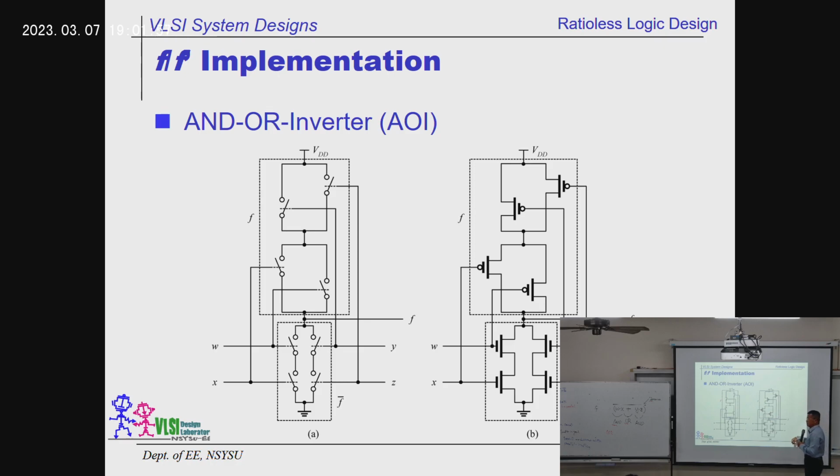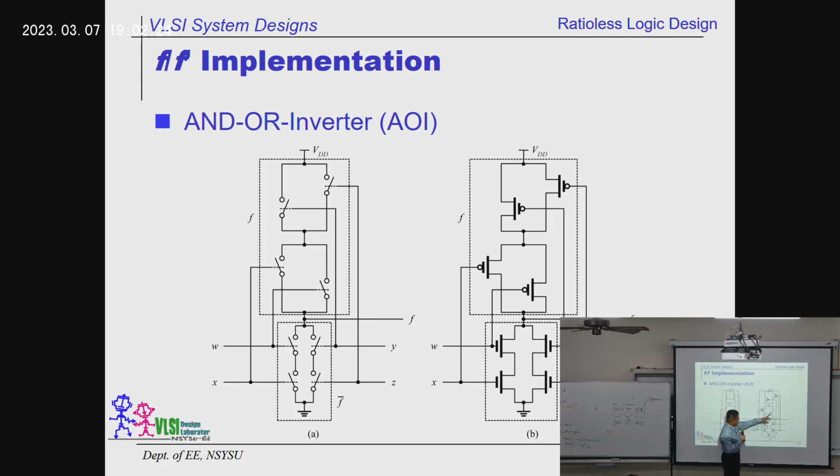Okay, and the next thing we have to check is to make sure that this one works as we expect. So how do we make sure? We remember the theory that I used to draw the symbol gate: we have a dual to follow. We have to check that. W and X are in series here.